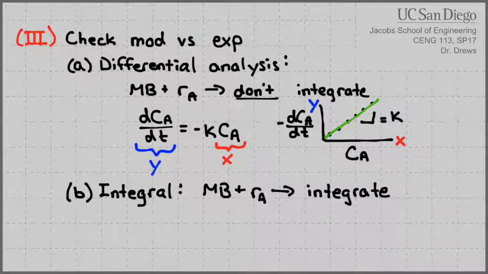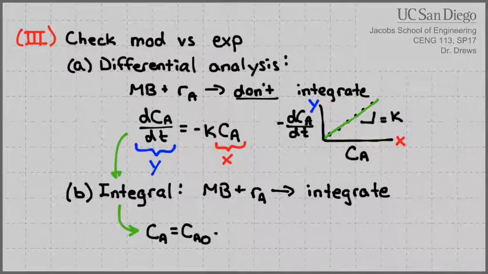So for this same sort of rate law that we had up here, we would actually integrate that thing. Presumably we know where the initial concentration was, and so we can integrate this to get something like CA is equal to CA0 e to the minus kt.